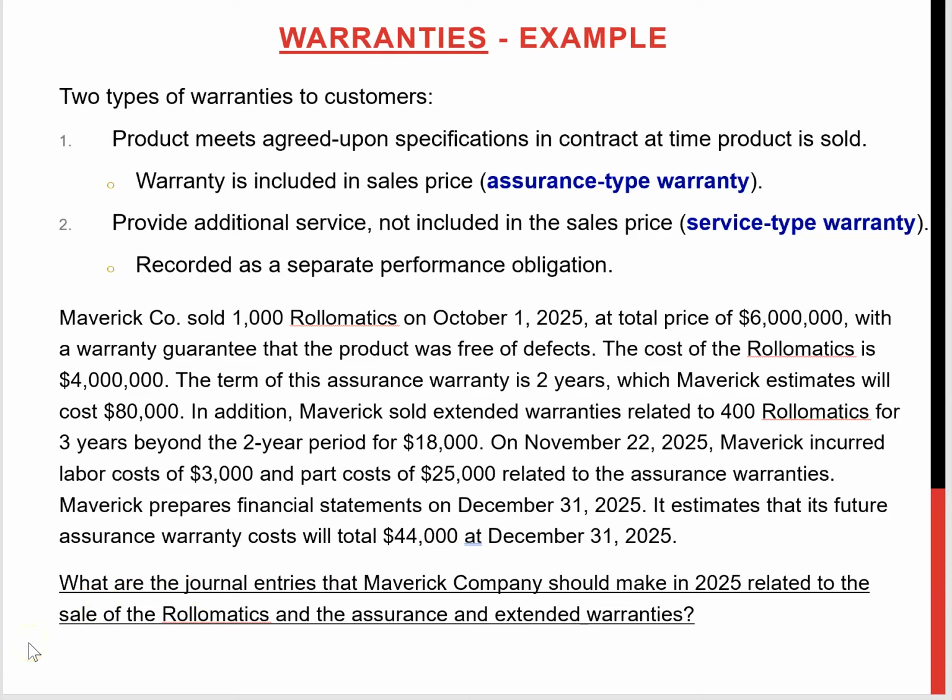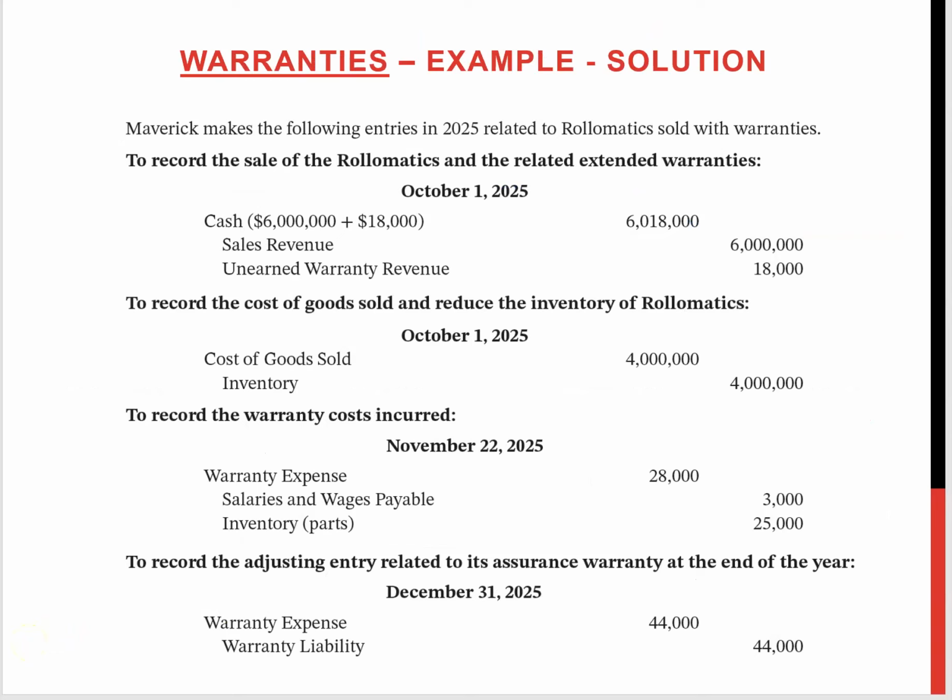Let's see the journal entry examples. On October 1, when they sold those Rolomatics, they sold two things. Remember, one is the 1000 Rolomatics, another is the extended service warranty, which is for 3 years beyond the first 2 years period. So they received cash for both on October 1st, 2025, $6 million plus $18,000 for that extended service type warranty.